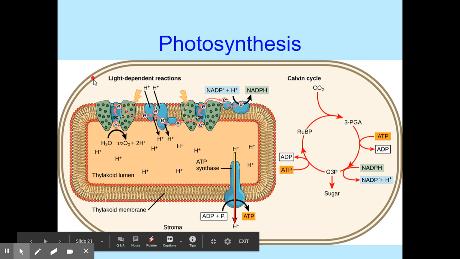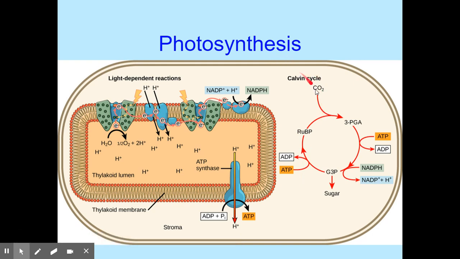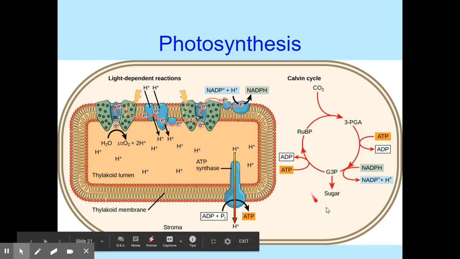So the light dependent reaction makes our two forms of energy. Those two forms of energy, since they're out here in the stroma, are then used in the Calvin cycle when it takes our CO2, goes through our reactions, using those forms of energy to slap together our CO2 molecules before it gets sugar.